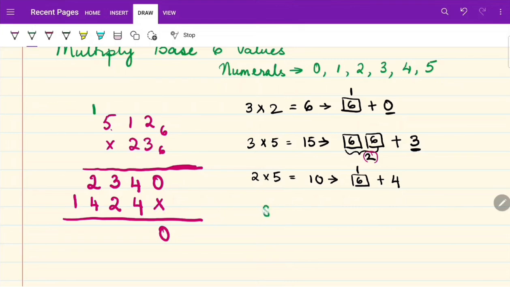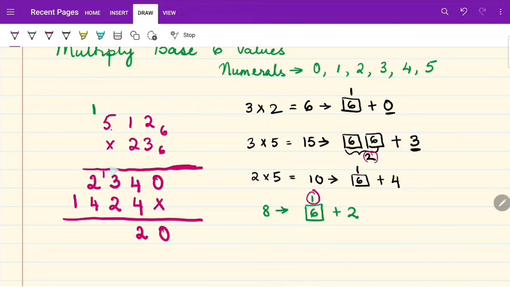From the 8, we can extract one bundle of 6, and we are left with a 2. So again, write the 2 below the 4s here and carry over this 1.